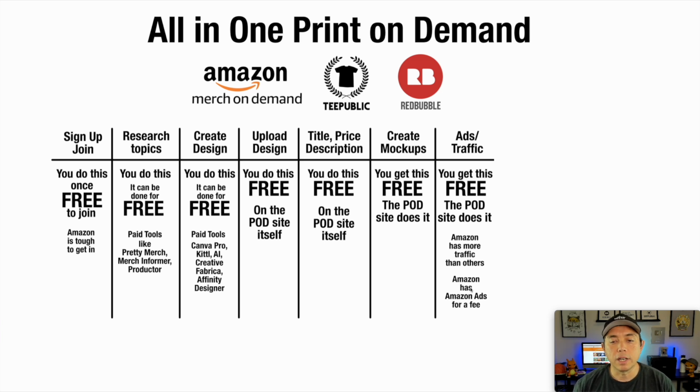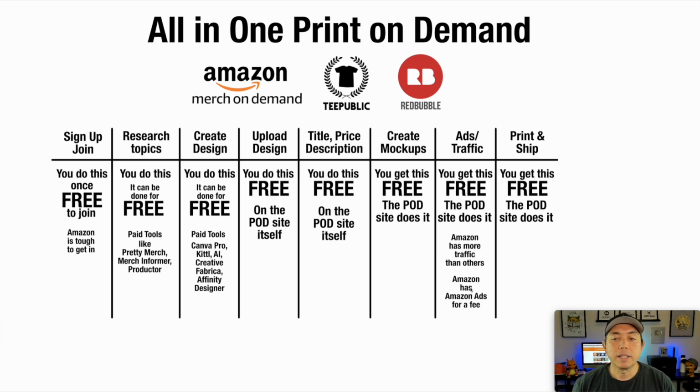Amazon's a little different case. You can use Amazon ads. It's not free, but the nice thing is it shows up on Amazon itself. So when people are searching, you can be on page one if you have the right ads and the right keywords and all of that. So that really helps on there. Organic traffic is free. There is also paid traffic if you want to do that.